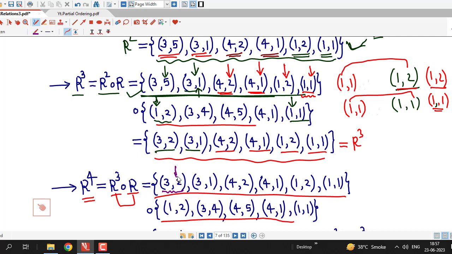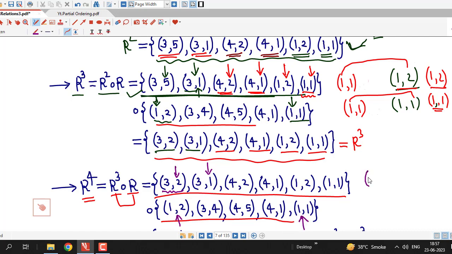Here second component is 2 and I have to search for 2 as first component, and there is no ordered pair whose first component is 2. Then I have ordered pair 3 1, so I have to search for those ordered pairs whose first components are 1. So there are 2 ordered pairs.